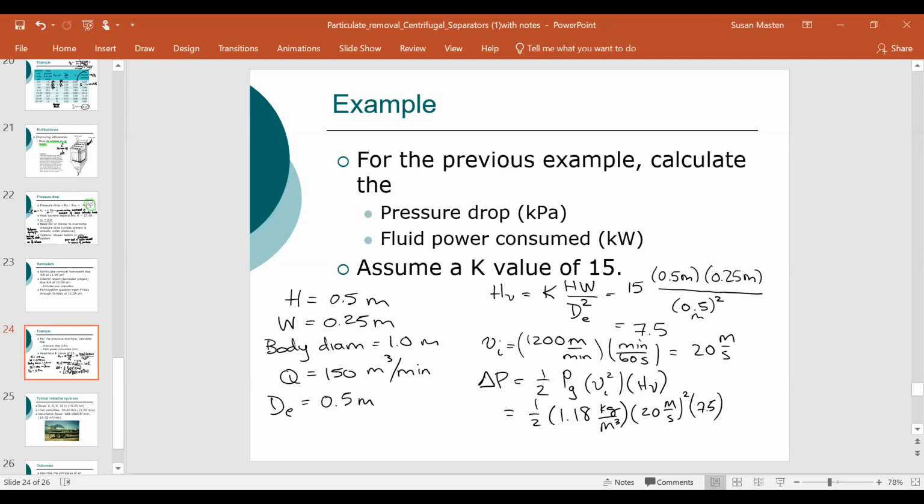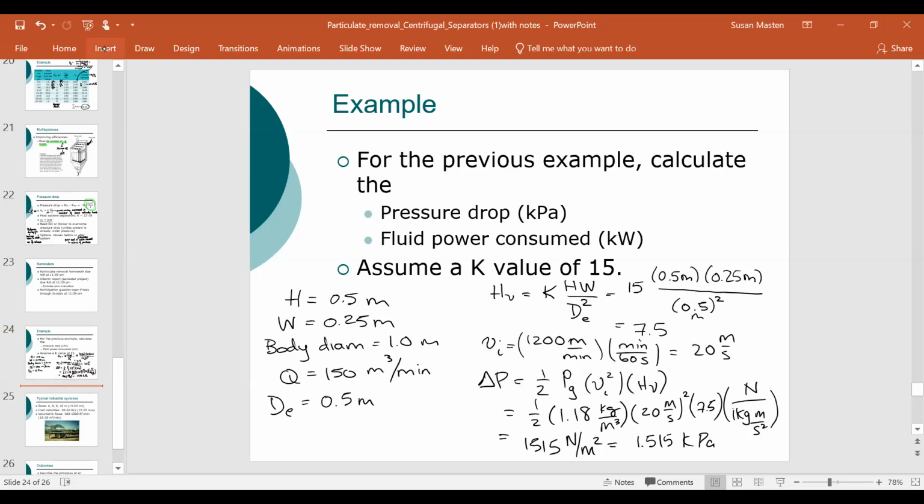And we need to do a conversion, and 1 kilogram meter per second squared is equal to a Newton. That gives us a delta P value of 1515 newtons per meter squared, or 1.515 kilopascals. Okay, so that is the pressure drop. So the pressure drop across this centrifugal separator would be about 1.5 kilopascals.